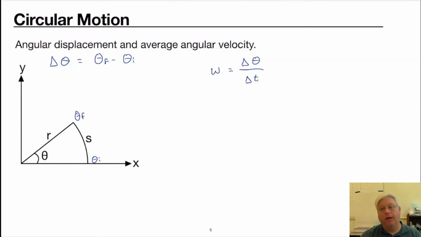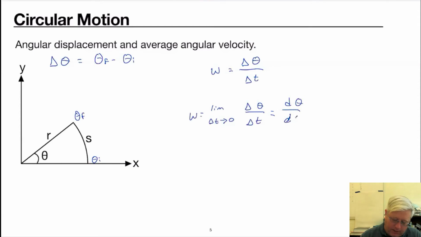Okay, and we can find the instantaneous angular velocity because it's just the tangent at any point on a circle. And we know to find that, like we've done previously, it's the limit as delta t approaches 0 of delta theta over delta t, right? And that is just the derivative of theta with respect to time.